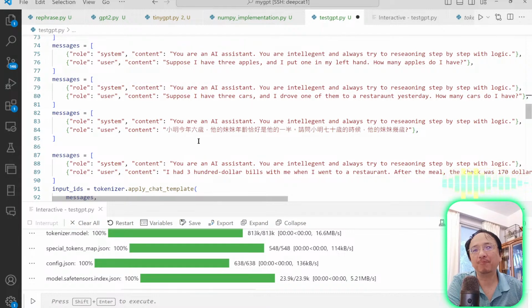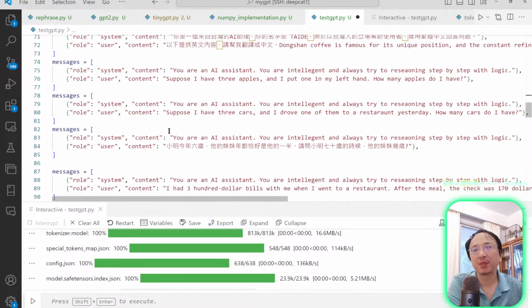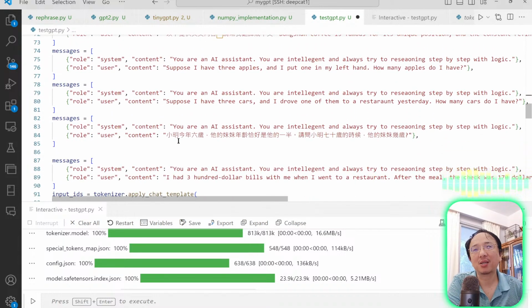Let's try some Chinese prompt. This one pretty much says that Xiaoming is 6 years old now. His sister is half his age currently. So we know that his sister is 3 years old. The question asks, when Xiaoming is 70 years old, how old is his sister?